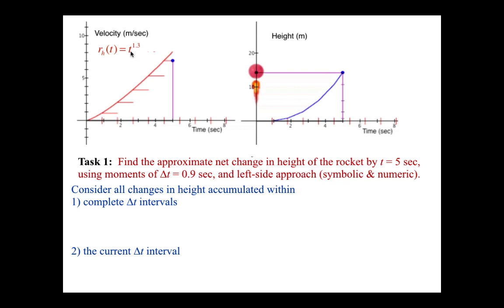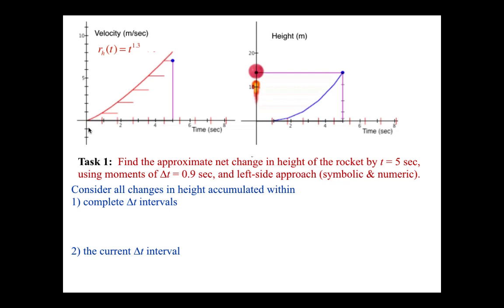You might notice that delta t equals 0.9 means that 5 seconds isn't 5 full intervals or 7 full intervals. It's going to be a weird number of intervals, like 5 and a part. So t equals 5 is in the middle of this interval here. So there's 1, 2, 3, 4, 5 full intervals of width 0.9 for which we're going to use different rates, and then a 6th interval that we're going to use part of.